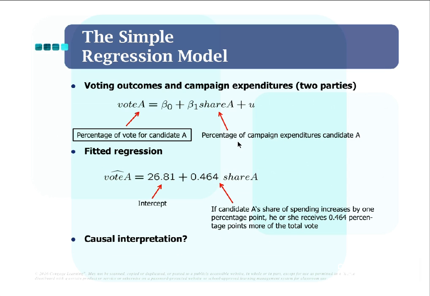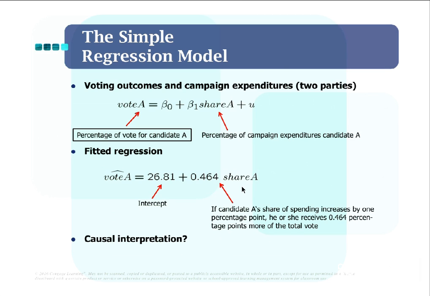And again, we just put the data on vote A and share A into the OLS formula. We obtain the estimates beta 0 hat equal to 26.81 and beta 1 hat equal to 0.464.